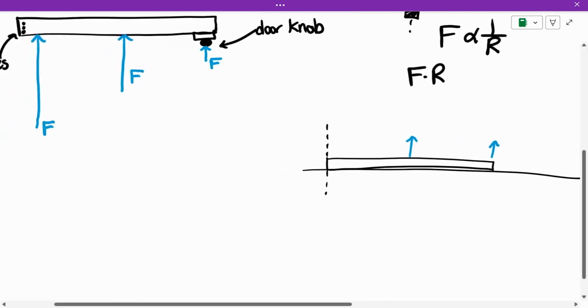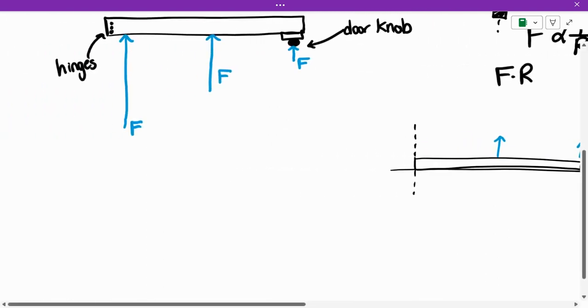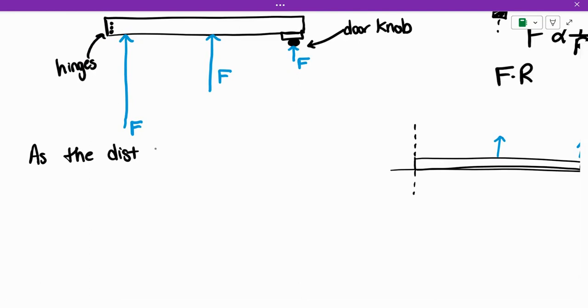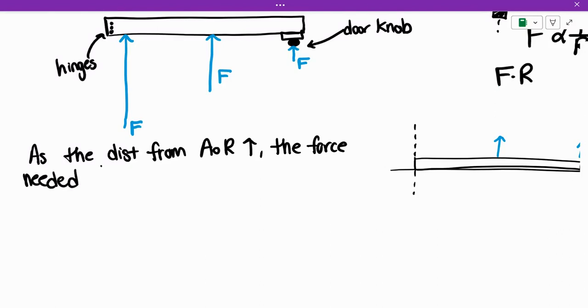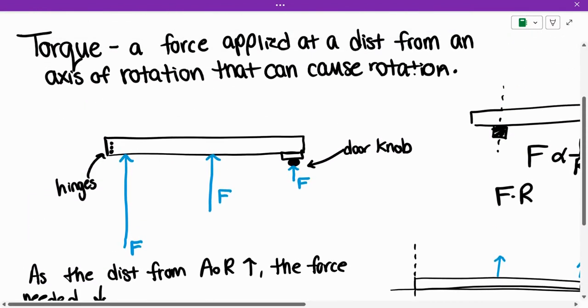So as the distance from the axis of rotation increases, the force needed decreases.